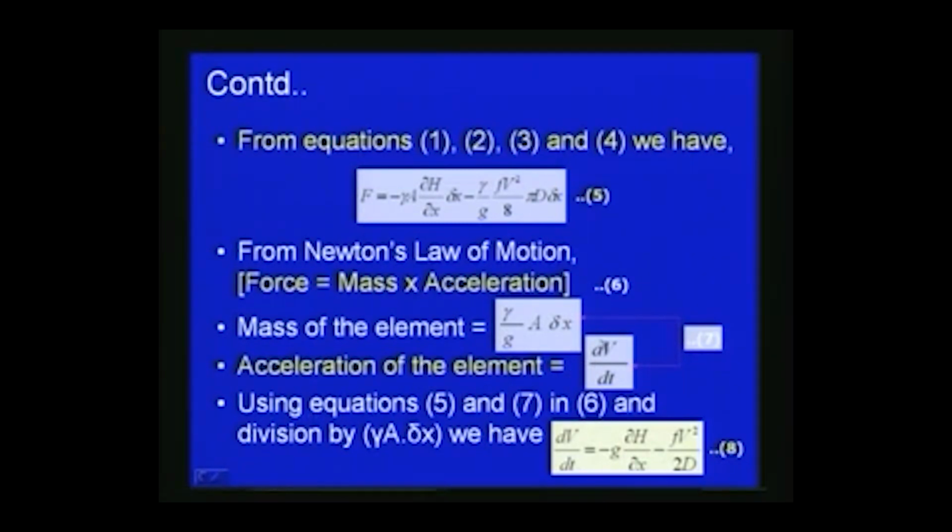So, now if we use equation number 5 and 7, this relationship for mass and acceleration together, we can write, and if you divide by gamma A into delta X, we have dV by dt is equal to minus G into del H by del X minus f V square by 2D, as in equation number 8.